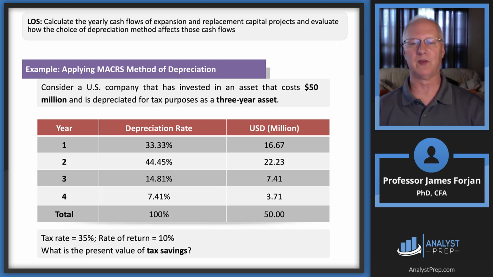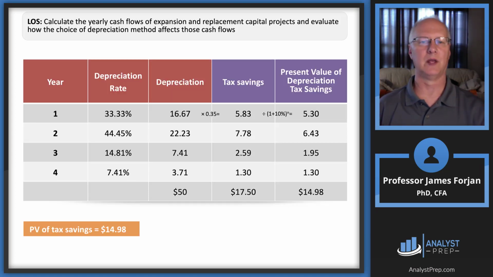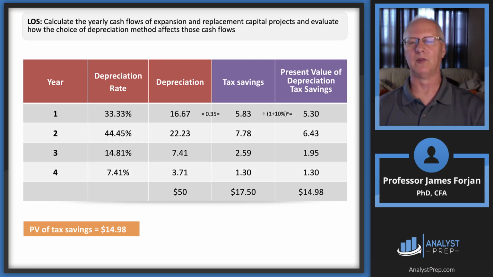So what is the present value of the tax savings? As you can imagine on the next slide, on that right-hand column over there, all we're going to do is take the present value, and that's what we did right there. And so if you want to pause and verify the math, you get the 14.98 on the bottom right, present value of the tax savings, $14.98 million.